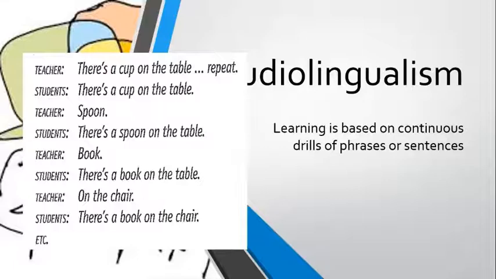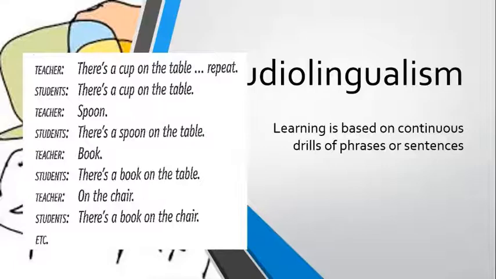In this part, the student will analyze where to place the word spoon. And they say, well, there is a spoon on the table. The teacher will give another word, and they have to place it again in the right position. Book, the teacher will say. What does the student have to do? There is a book on the table.